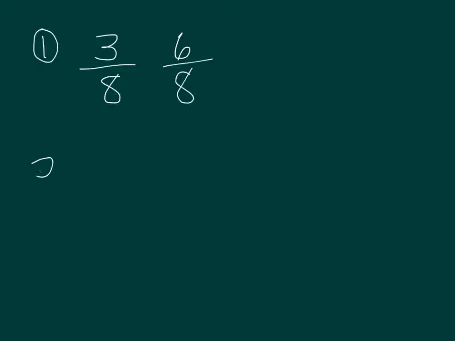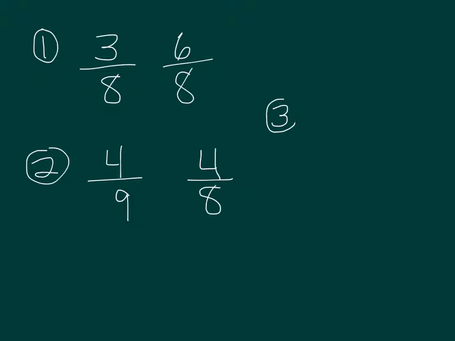The second fraction I'd like you to compare is a fraction with the same numerators. 4/9 and 4/8. The third problem I'd like you to solve is comparing fractions with unlike numerators or denominators. We'll try 2/3 versus 4/5.